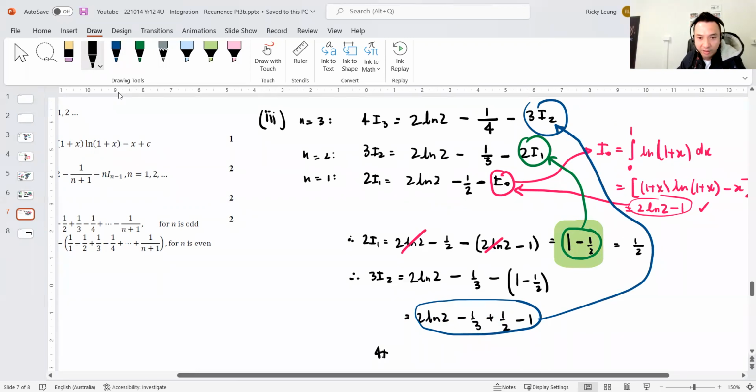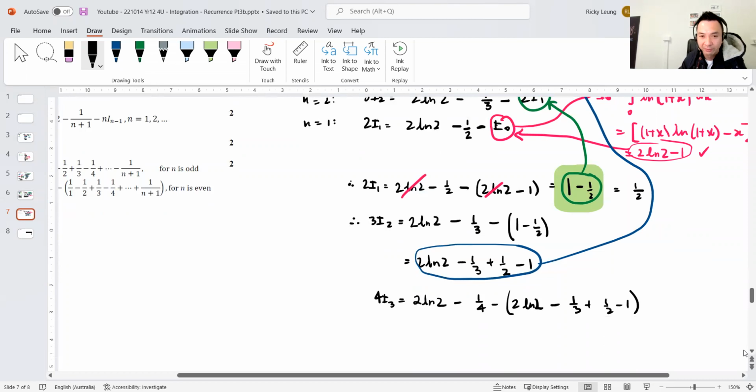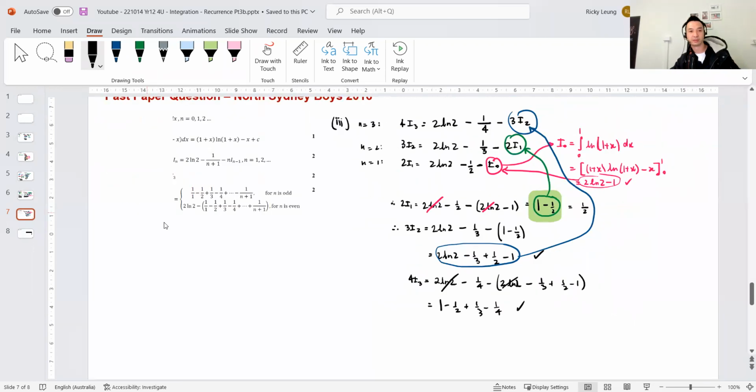And then 4I3 becomes 2 ln 2 minus a quarter, minus 3 lots of that, so 2 ln 2 minus a third plus a half minus 1, right? You slowly establish a pattern. So here, once again, that guy goes away, and you put the 1 first, so 1 minus a half plus a third minus a quarter. That's the answer for part 3.